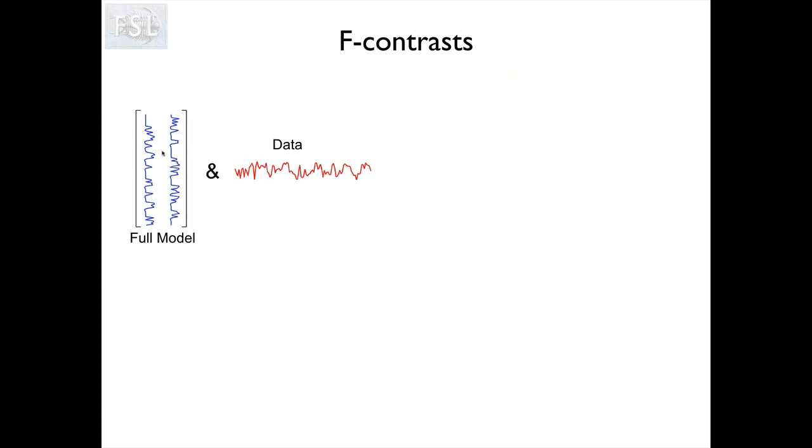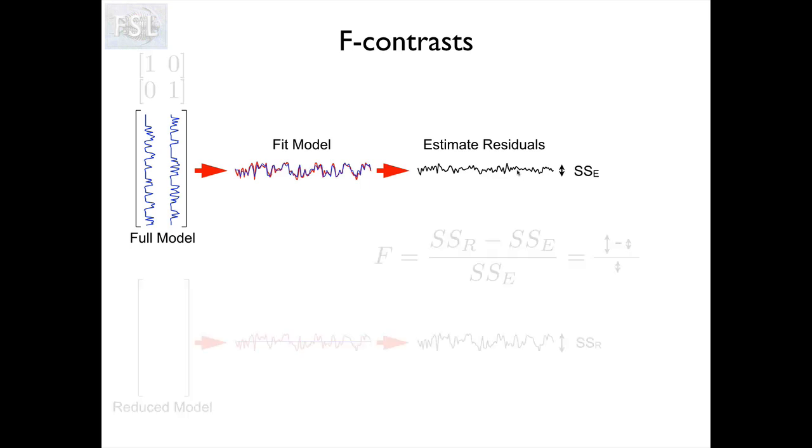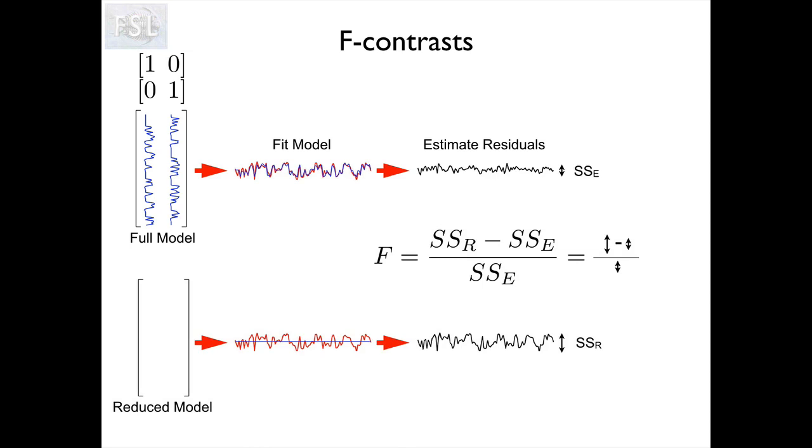Right. So we have our model, the model we've seen all along, and we have our data. What we're doing is fitting our model to the data and getting the residuals. This is exactly the same thing as you've seen before. But now we introduce a reduced model.